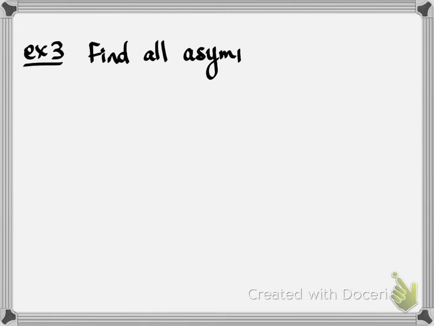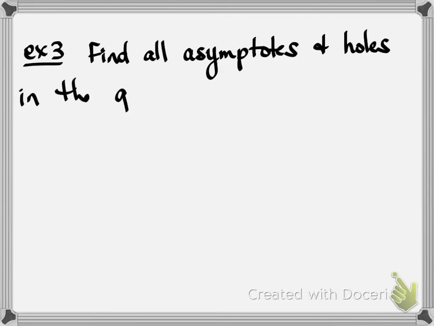All right. The last thing I wanted to talk to you about is example 3. And it says, find all asymptotes and holes in the graph. So we're gonna learn this by doing.